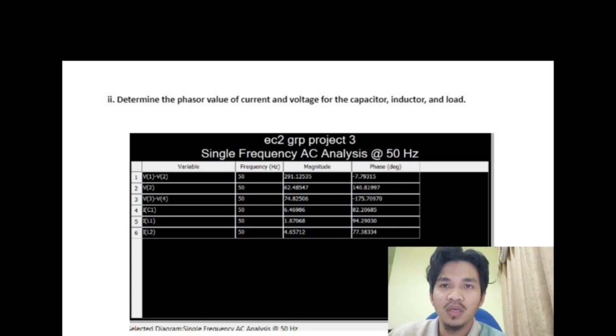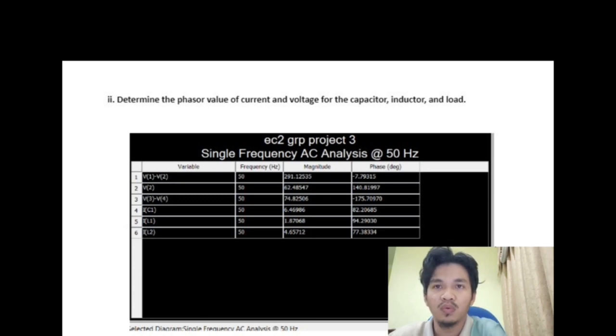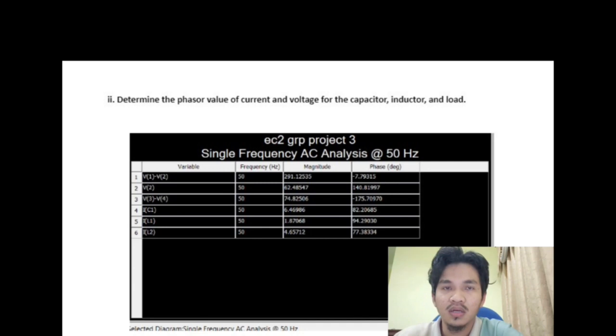For XL, we get 2.65353 ampere with time delay 15 millisecond, and for the Z load we get 6.608 ampere with time delay 3.125 millisecond. For the phasor domain values, we use a single AC frequency to find the voltage across VT and the current across IT.